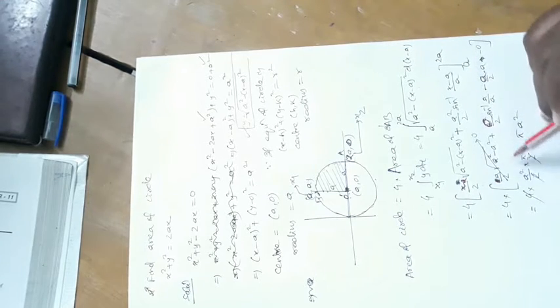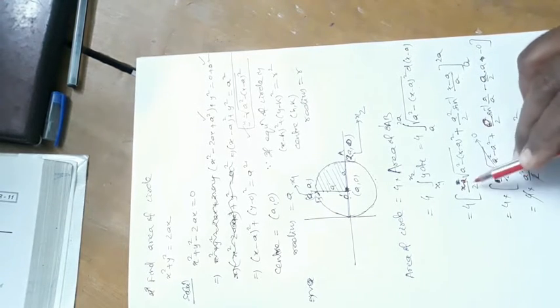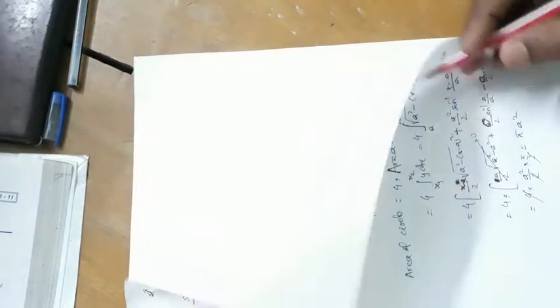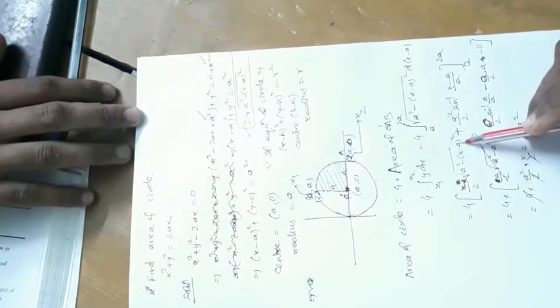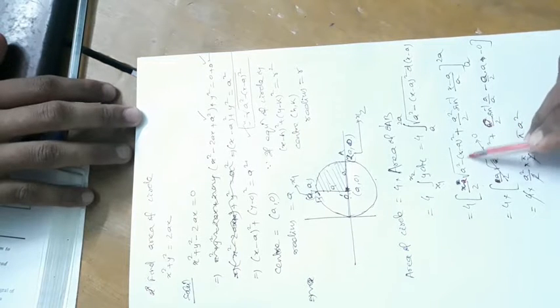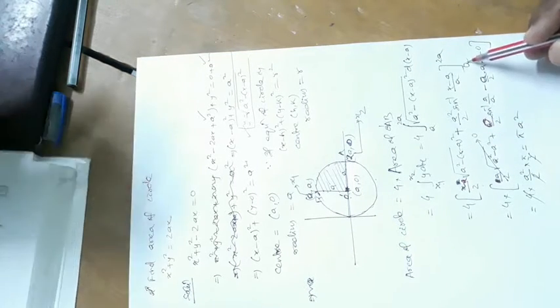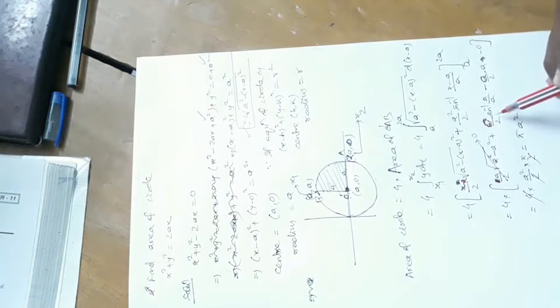Put the upper limit: it becomes (2a − a)/2 times √(a² − (2a − a)²). 2a minus a means a, so a² − a² is 0. When you put 0 here, a here, it becomes 0.